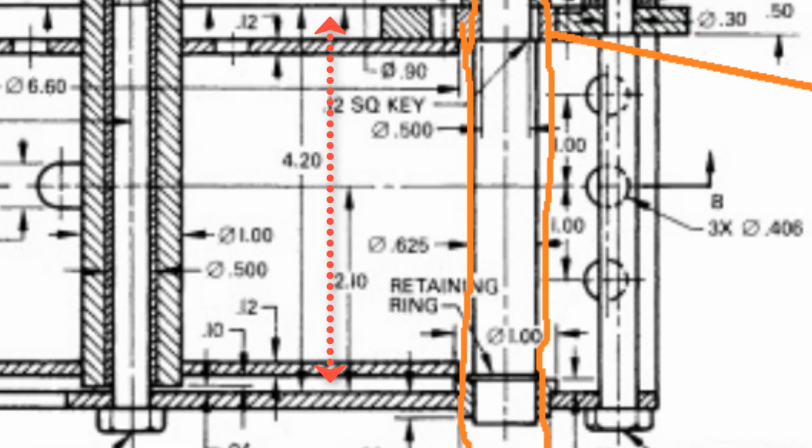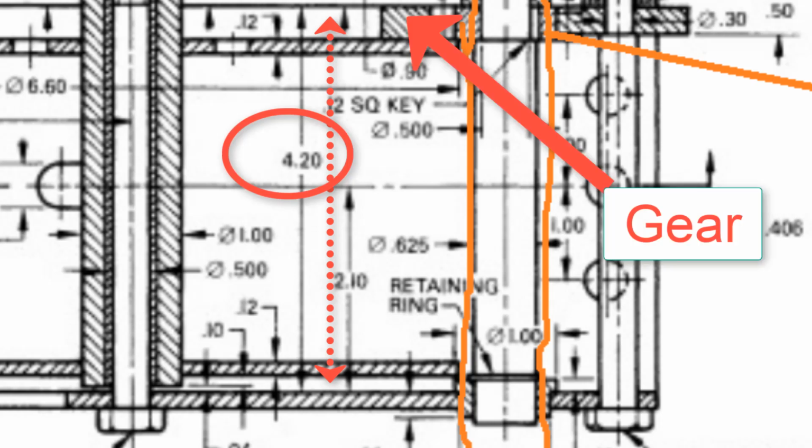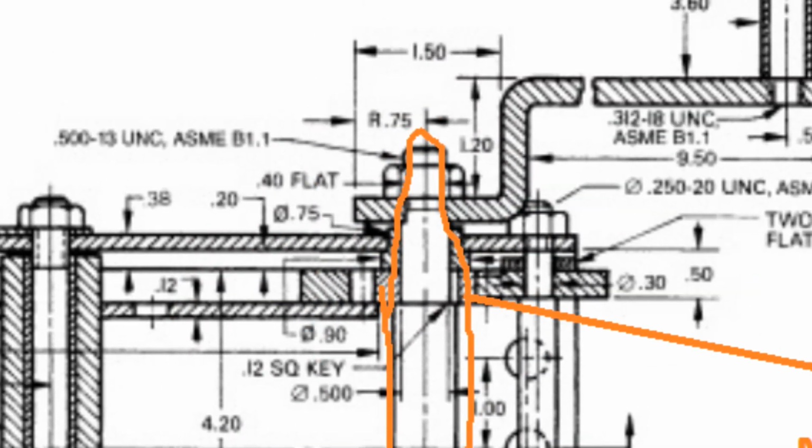From the bushing to the inside of our body part is 0.2 inches. And after that point, we have 4.2 inches from the tail to the gear side. And after the gear side, we have again 0.2 inches.